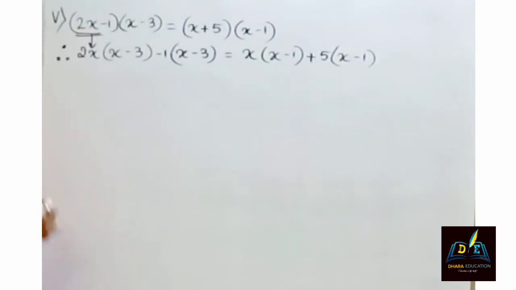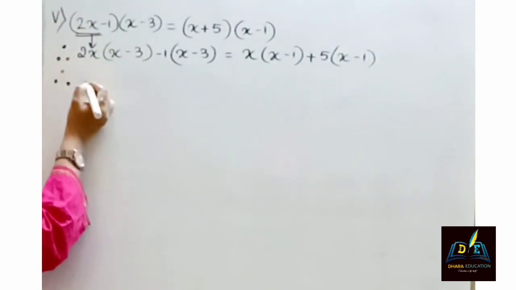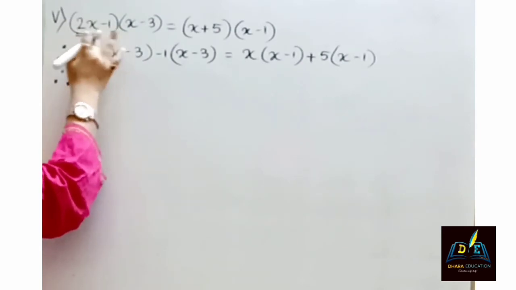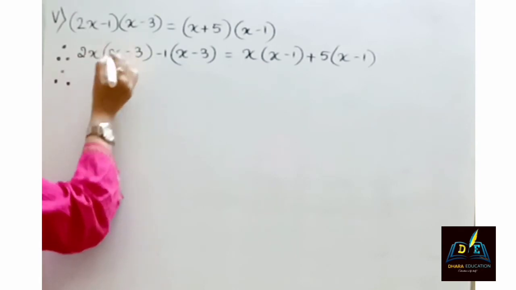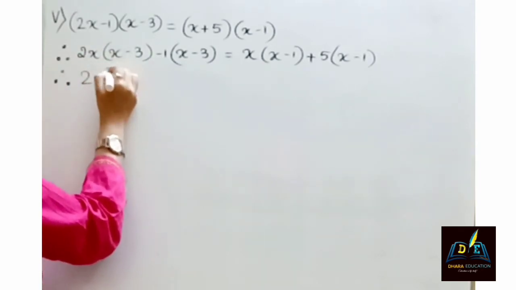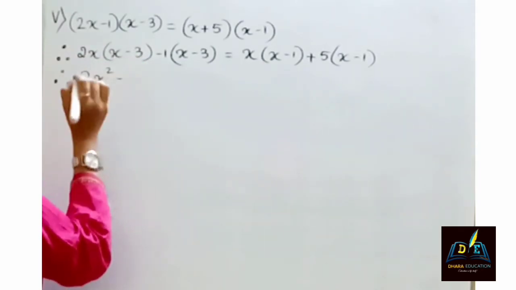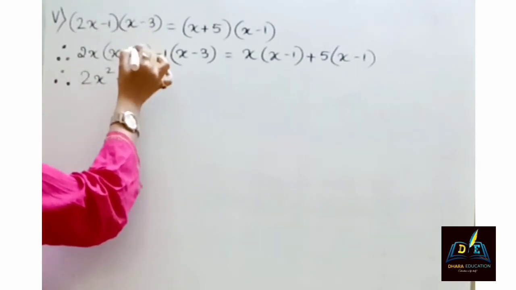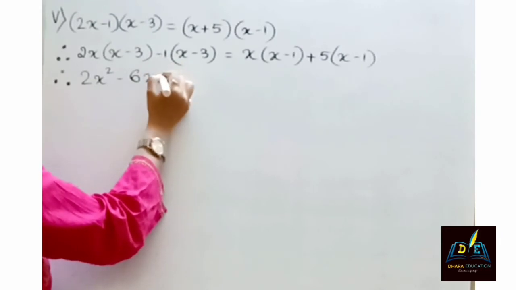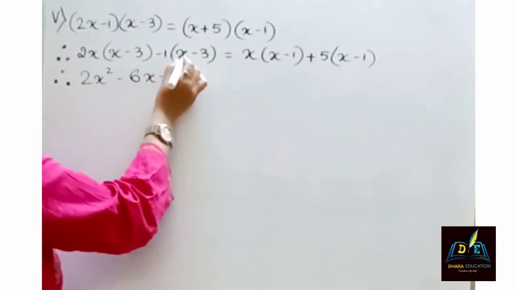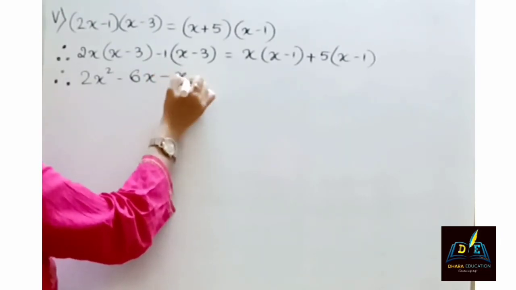So after this, now this will be confusing you, so I just drop this. 2x multiplied by x gives you 2x square. Minus will be as it is. 2x multiplied by 3 gives you 6x. Minus 1 multiplied by x gives you x again.